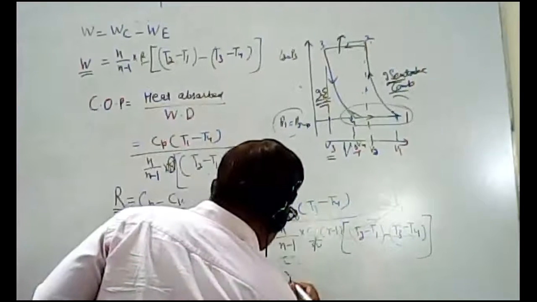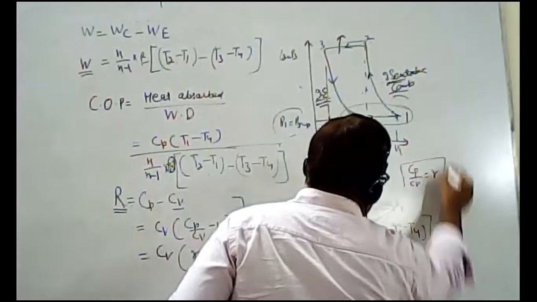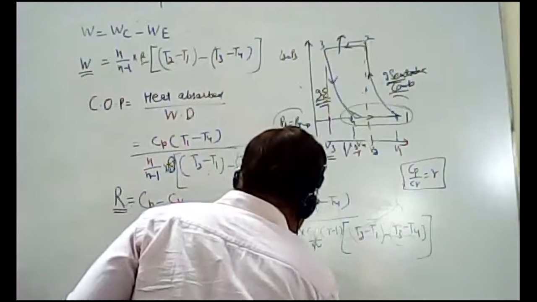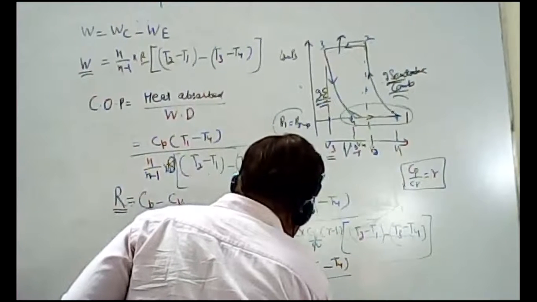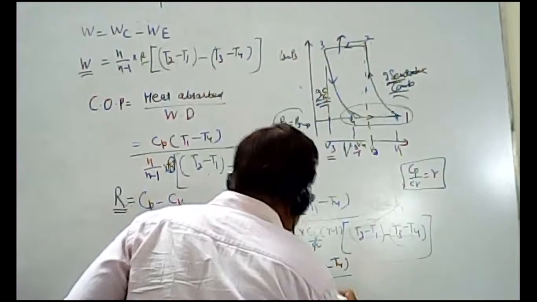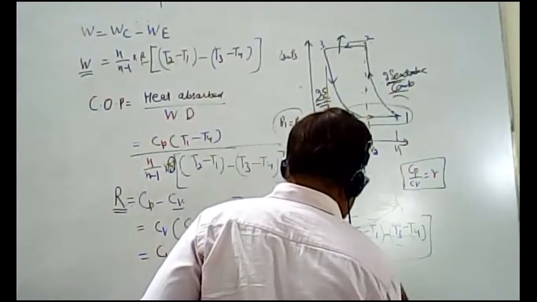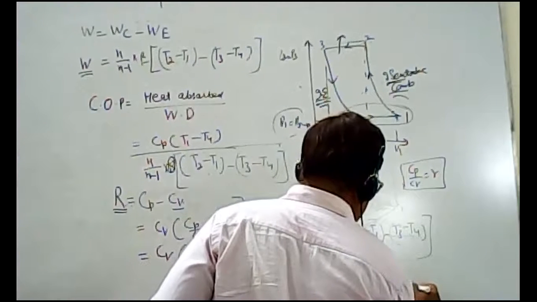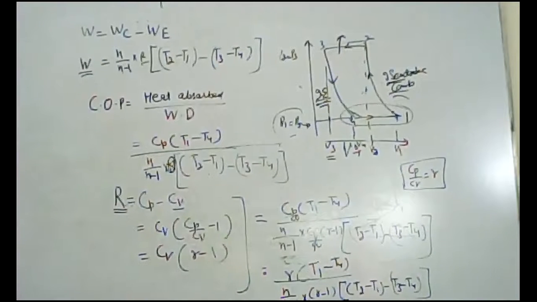Here I can write Cp upon Cv, which will be equal to gamma. Okay, so this is gamma into T1 minus T4 divided by n divided by n minus 1 into gamma minus 1, T2 minus T1 minus T3 minus T4, bracket close. Okay, so everybody note this question.